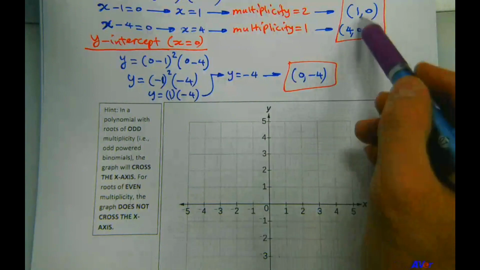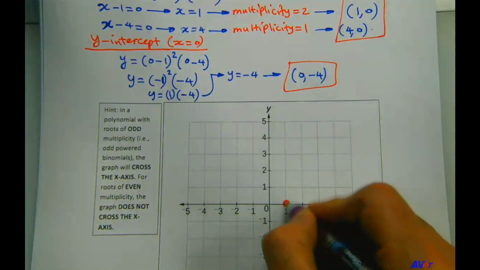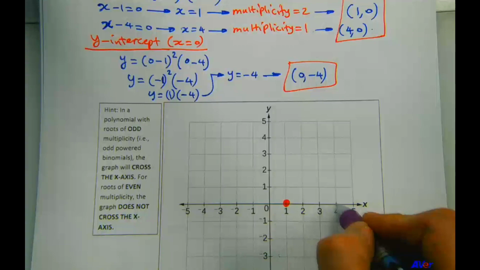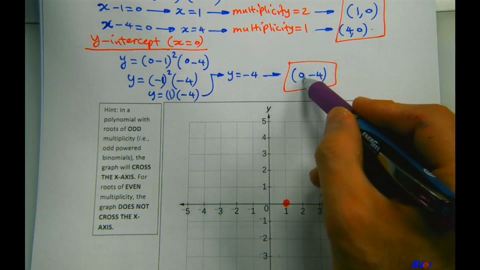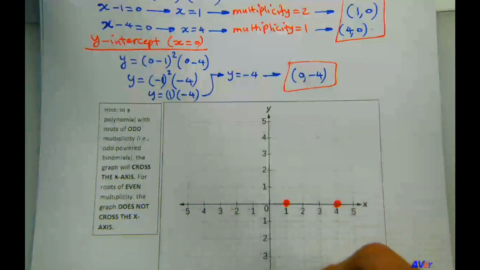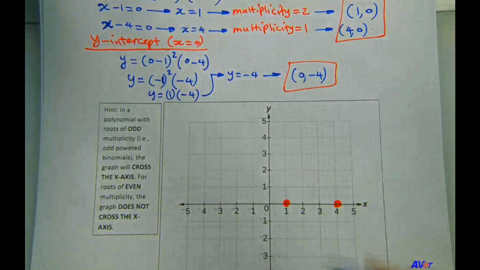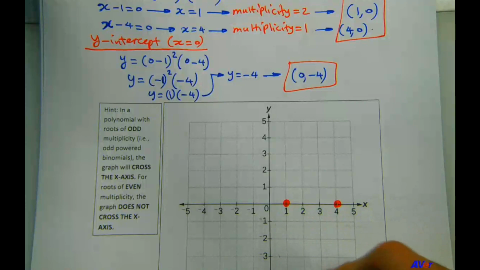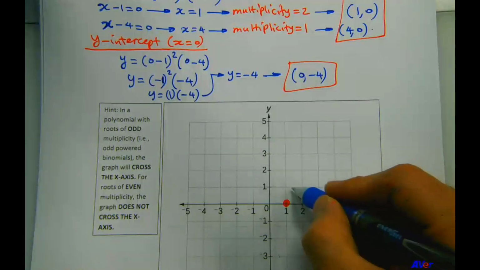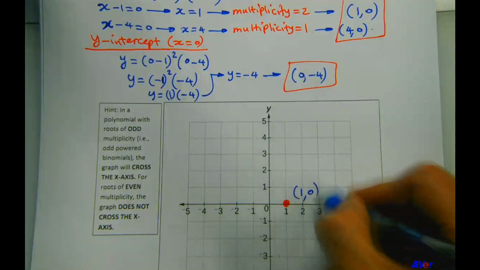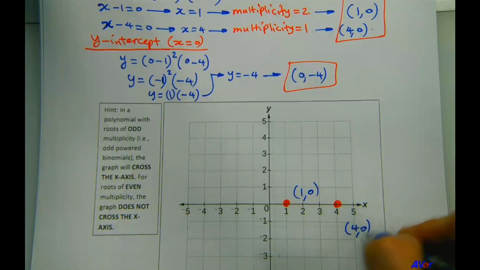So plotting 1 comma 0 would be here. 4 comma 0 would be here. 0 comma negative 4 would be here. Okay. So that's 0 comma negative 4. This would be 1 comma 0 and 4 comma 0.